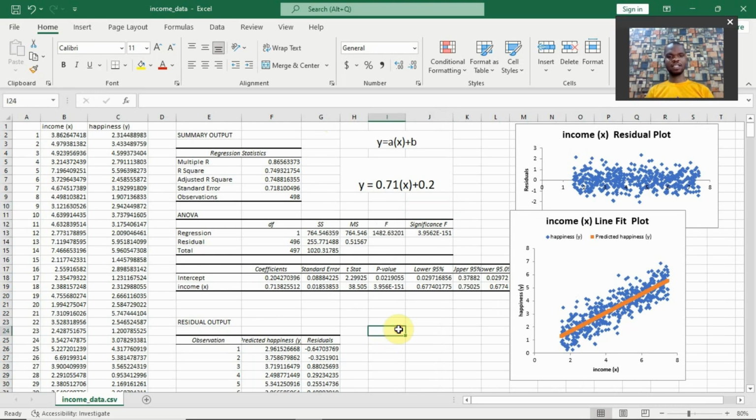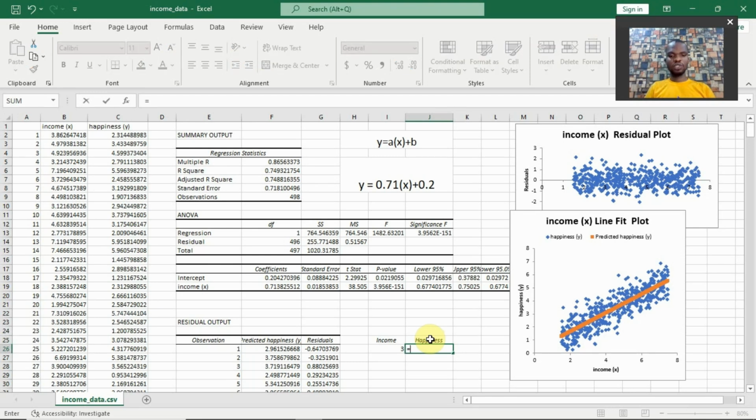So let's say we want to use this tool now to develop that formula and predict someone having an income of 3, and we want to calculate what his happiness index will be.